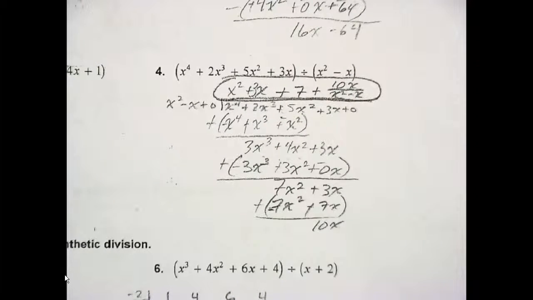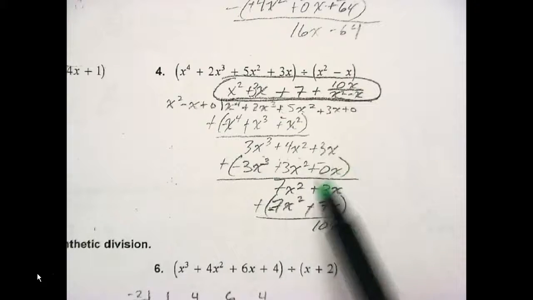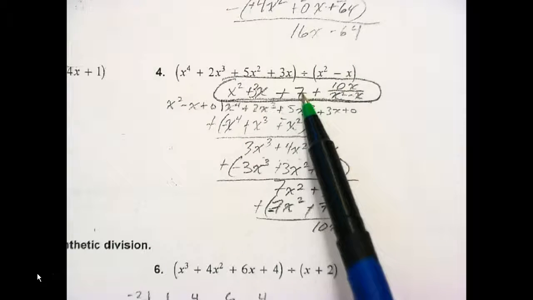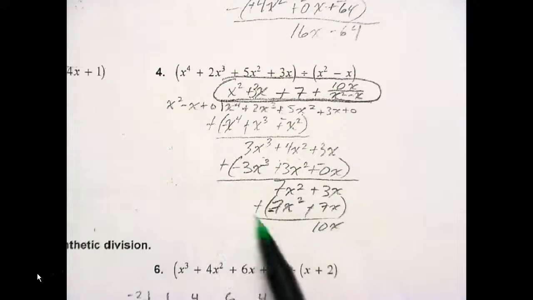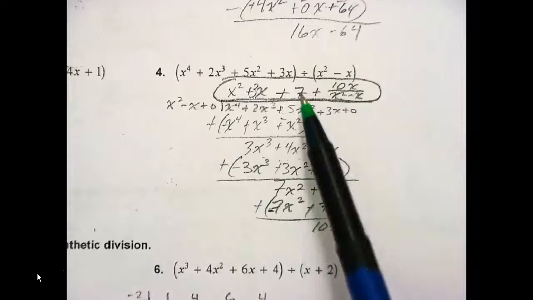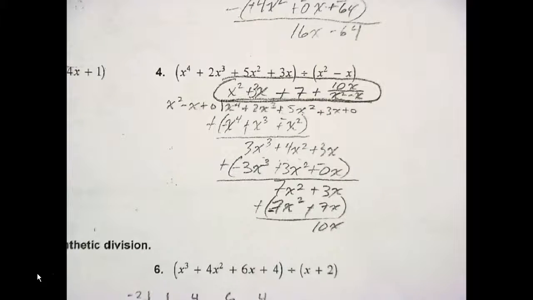Rory, you got something other than the 10x? So if you got something different, making sure that you had the 7, and 7 times x squared is 7x squared, 7 times no? You got 8? I got 8 too. Well, hey, maybe I'm wrong.